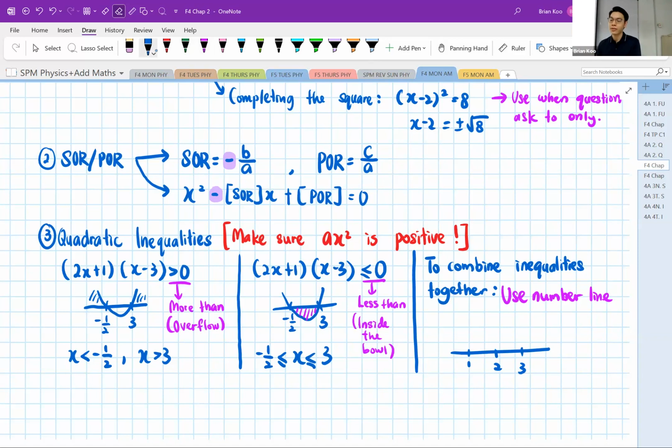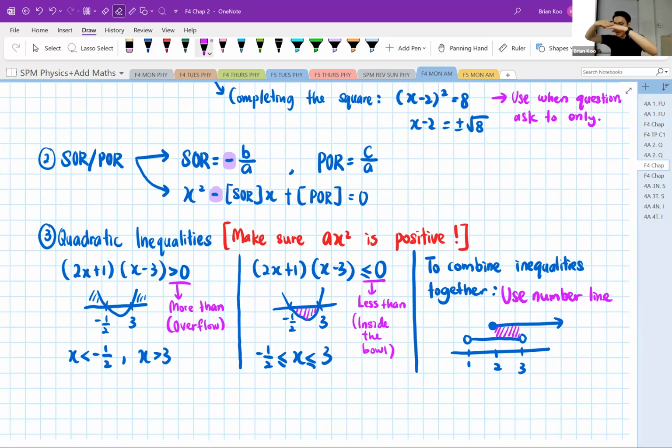Say you have, I'm just giving you an example, 1, 2, 3. One of the answers says your answer is from 1 until 3, let's say. This is how we draw it. Another answer says it is from 2 and anything bigger than 2, greater or equals to 2. So the final answer will be where they overlap each other.